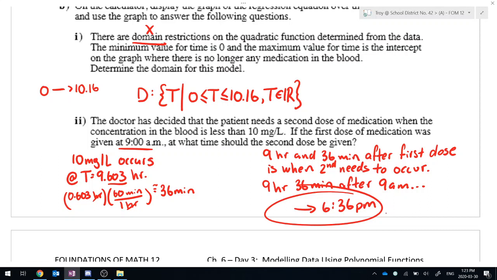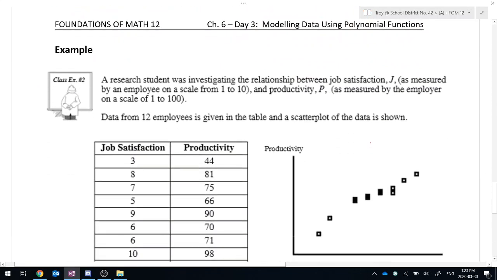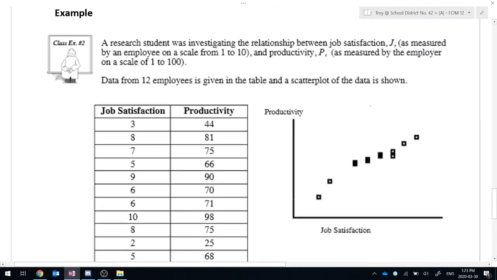Let's try the next question. Okay, question 2. A research student was investigating the relationship between job satisfaction, which is given the variable j. It looks like they've placed that on the x-axis here.